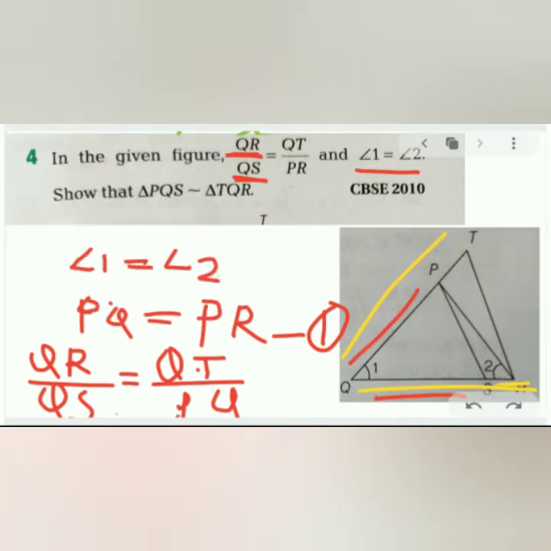Now as you can see, we have one large triangle named QTR, and another triangle PQS or PQR. Taking both the triangles that we have to prove, this is how we can prove it in an easy way.